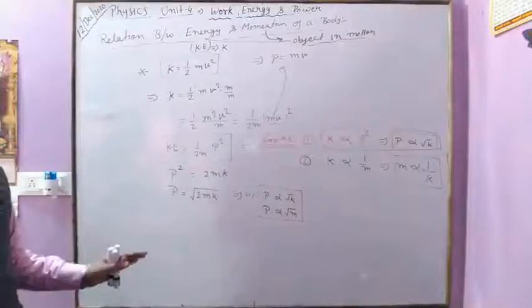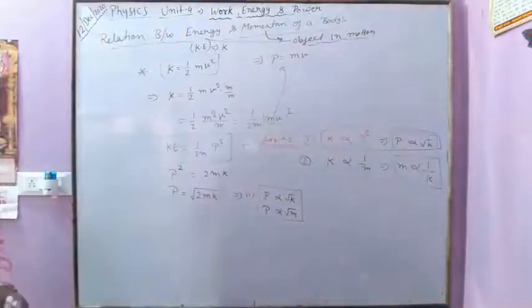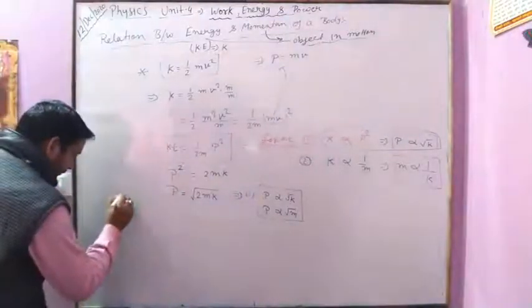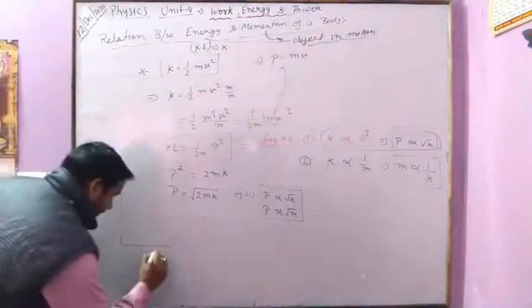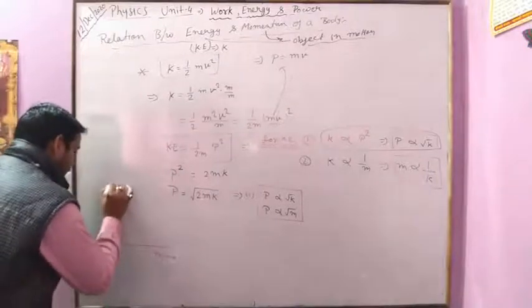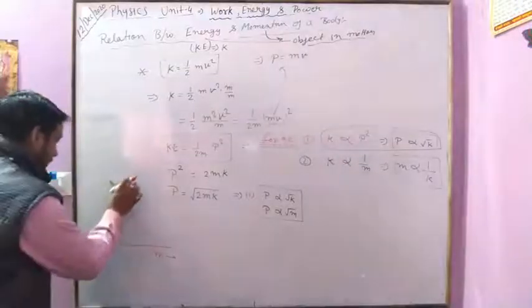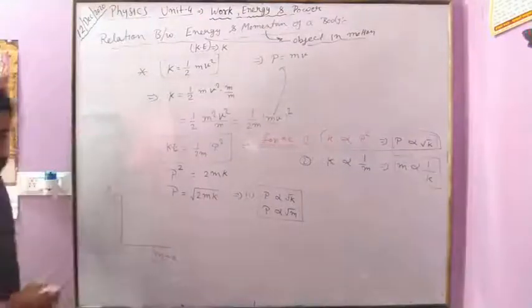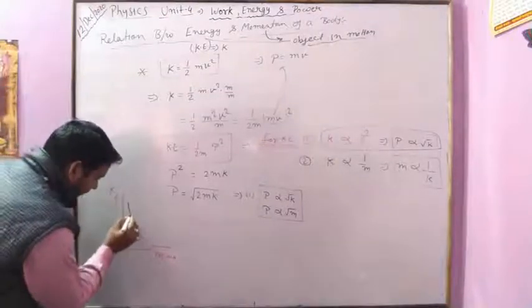Now we can understand some graphs based on the concept. This axis gives mass, this gives momentum, this gives kinetic energy. So we have a graph like this.